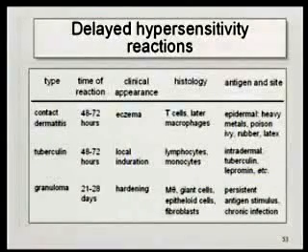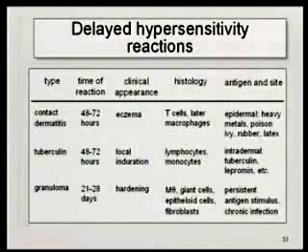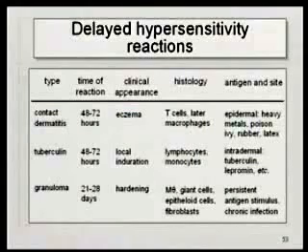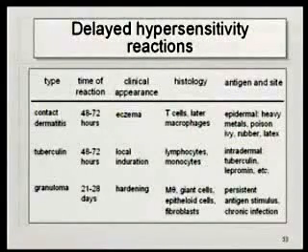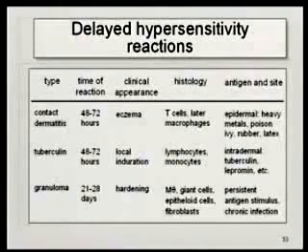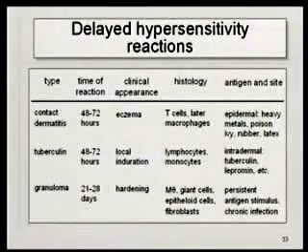Then there is granuloma, which is a sort of long-term exposure to the antigen, persistent antigen and persistent type 4 reactions. And that is characterized by hardening, if it is superficial, but often it is in the cavities. It's just like the tuberculous lesion in Mycobacterium tuberculosis and lung lesions, okay?